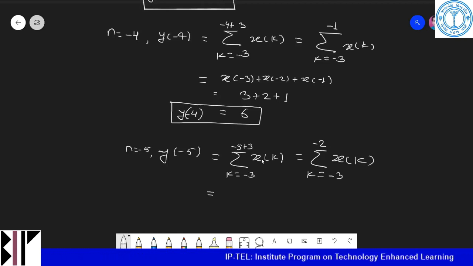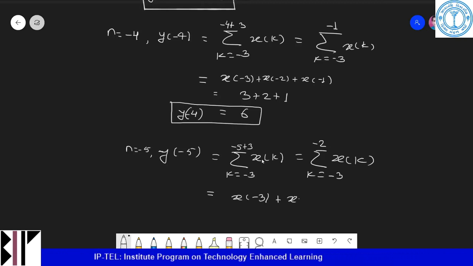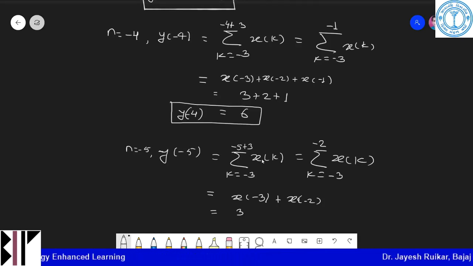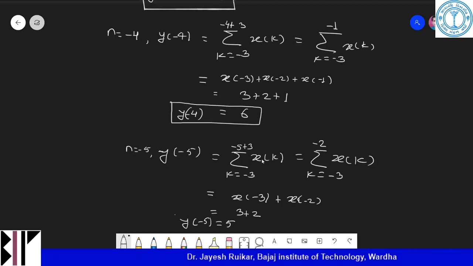So that is equal to x of minus 3 plus x of minus 2. Its value is equal to 3 plus 2. So y of minus 5 is equal to 5. Got this?